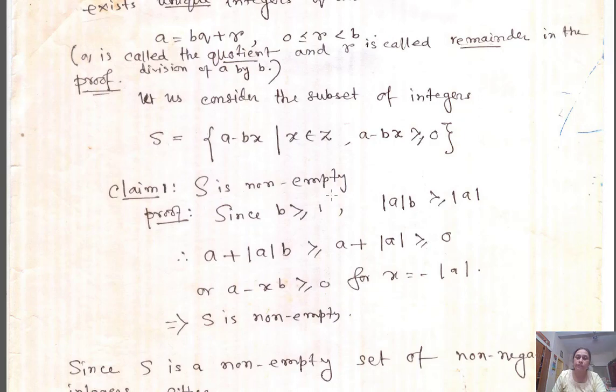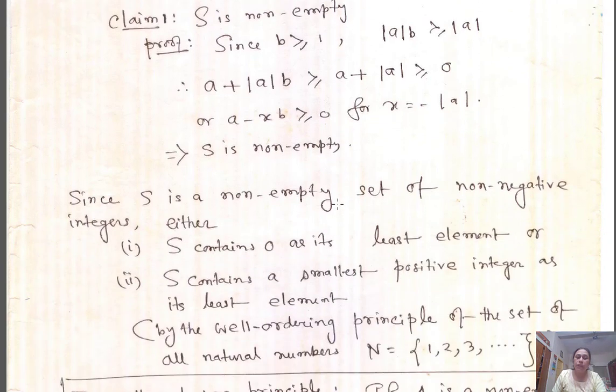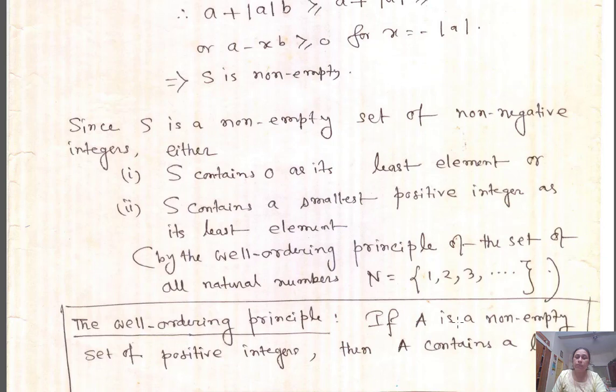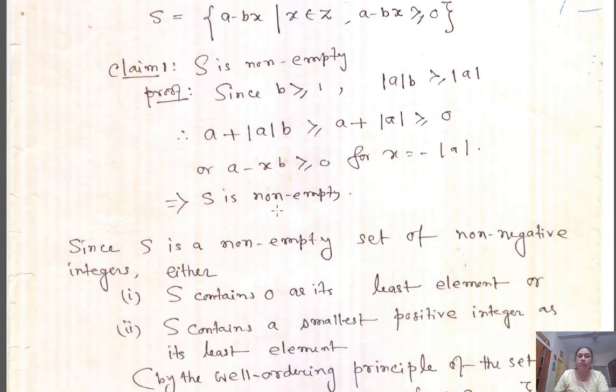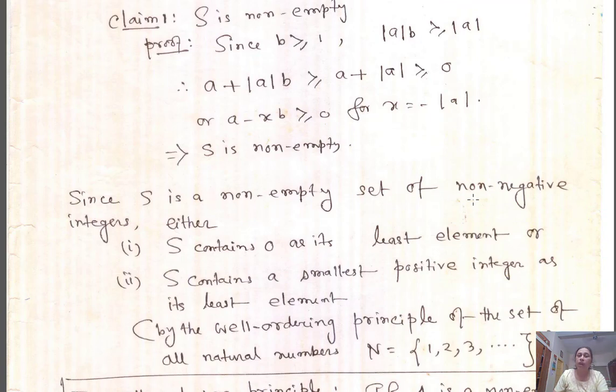So S is non-empty. Now, the well ordering principle says that if you have a non-empty subset of non-negative integers, then it must have a least element. Here we have a set S, a subset of non-negative integers, and it is non-empty, so its smallest element exists, and it is either 0 or some positive integer.